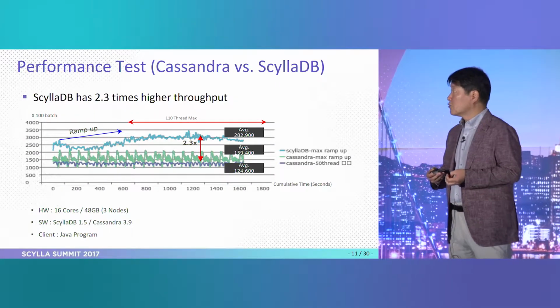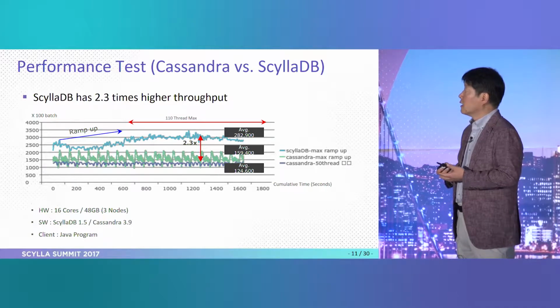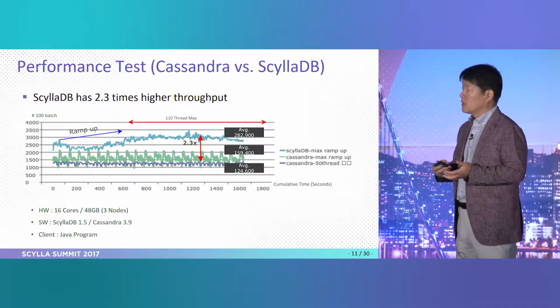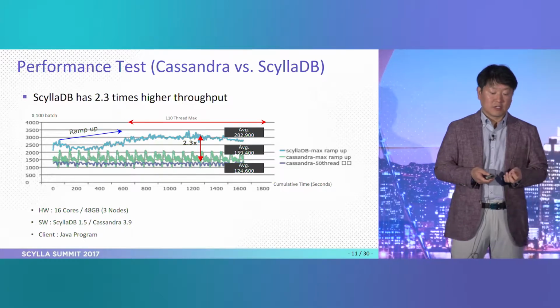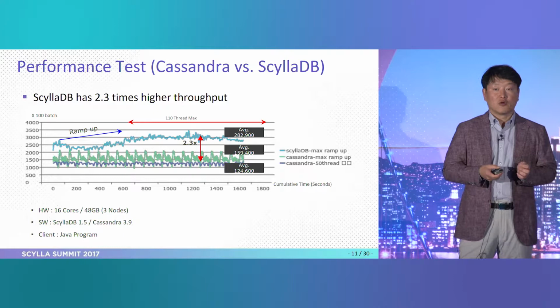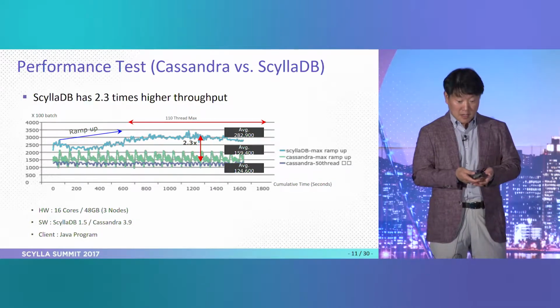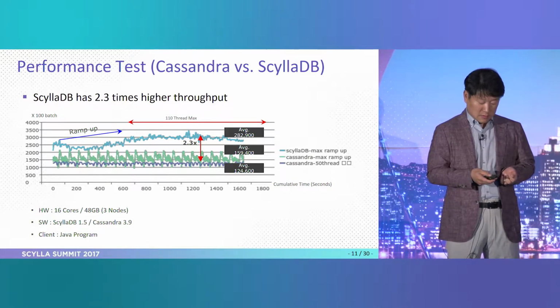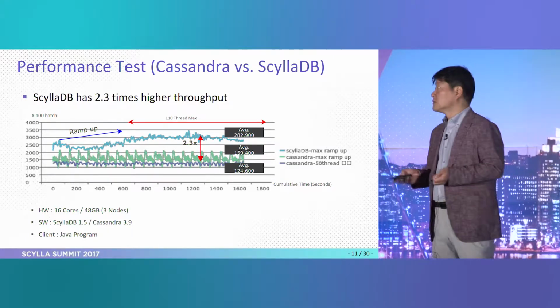In the beginning of this project, the customer wanted to have a comparison with Cassandra, which is the most popular column family NoSQL. And so we got excellent performance data.